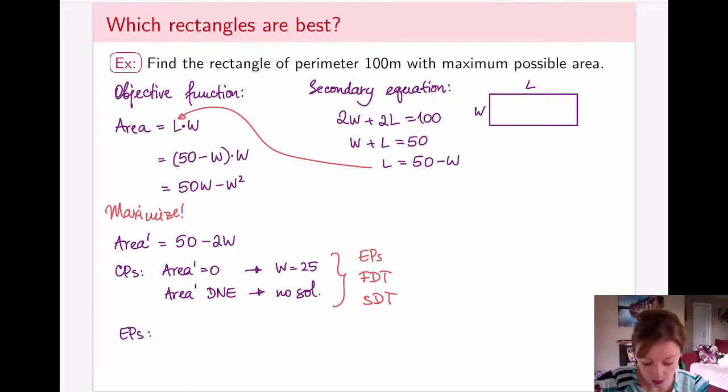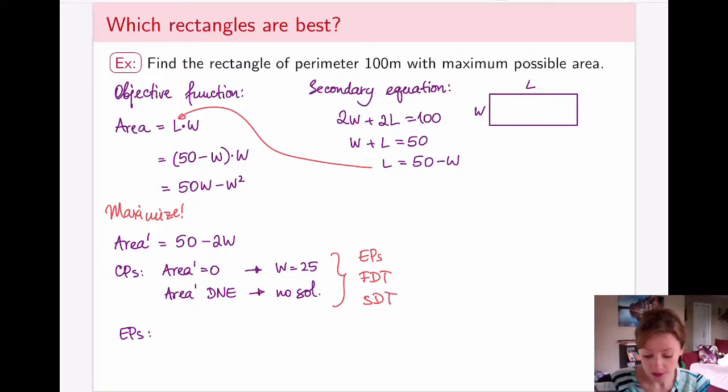For those who would like to think about endpoints, in this case, we're not given the actual exact interval. We have to figure it out ourselves, which is probably why some people don't like the endpoints method.